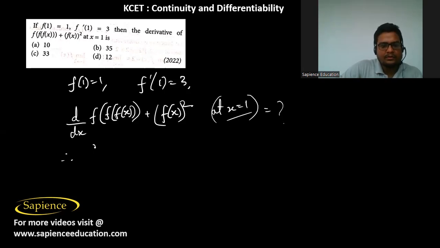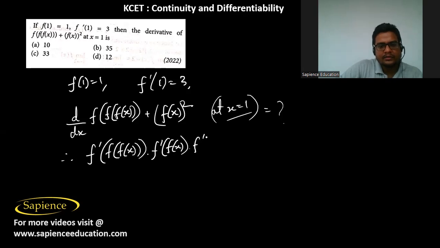So now, therefore, this will be f dash f of x into f dash x plus 2f of x into f dash x. That will be equal to, that we have to find.